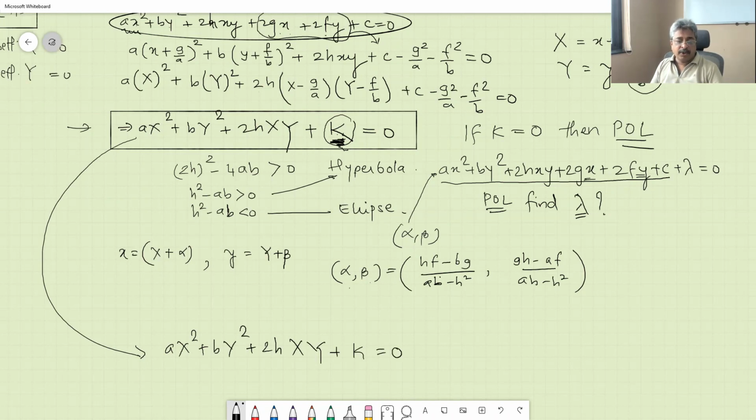Now if h square minus ab is greater than 0, if you get rid of this k by subtracting k from it, you will end up getting the joint equation of asymptotes. Therefore now you should do the second activity which I have asked you to do. If you want this to be a pair of lines with lambda in it, then what should be the value of lambda?